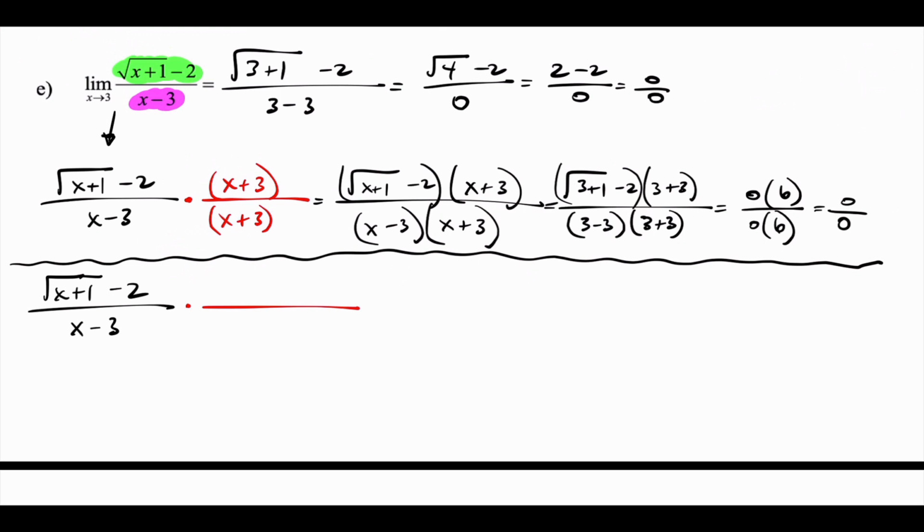What would be the conjugate of the green? Remember, x plus 3, x minus 3 were conjugates. So what would be the conjugate of the green? So the square root of x plus 1 would stay, and it would be minus 2, yeah. Plus 2, yeah, you're right. The opposite, yeah.